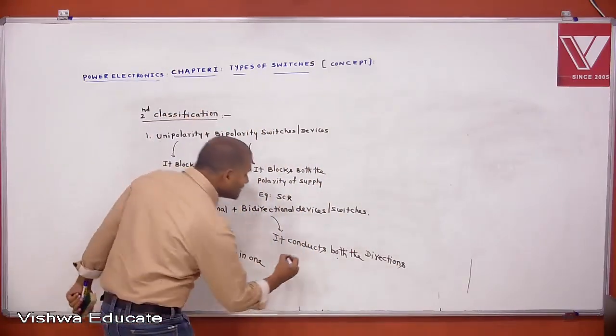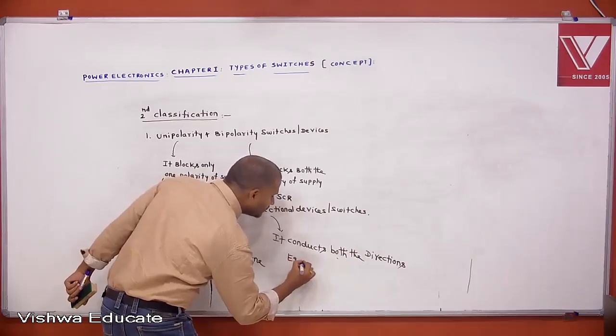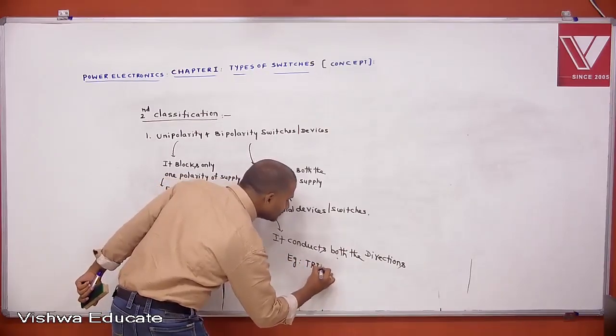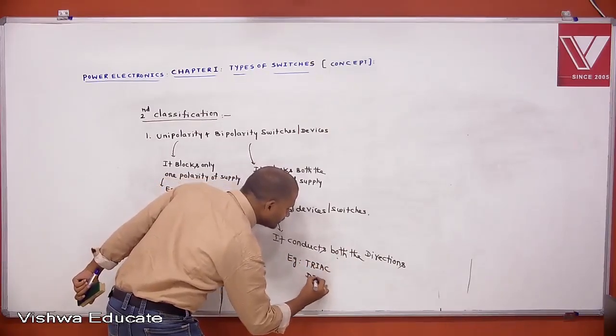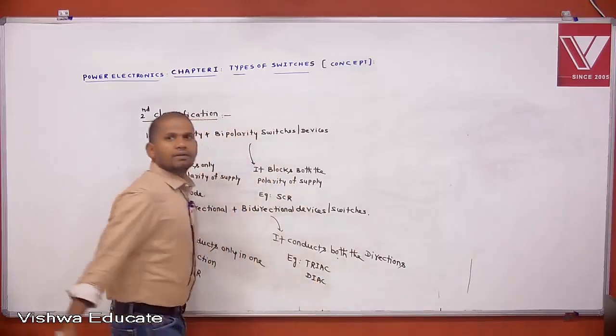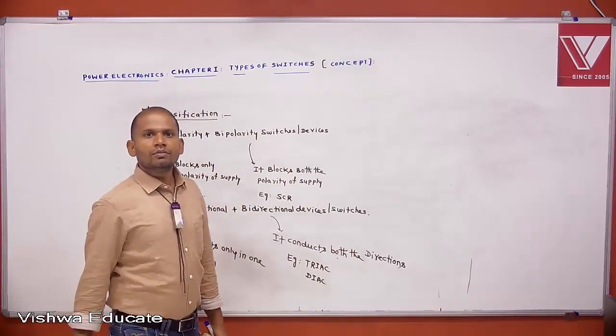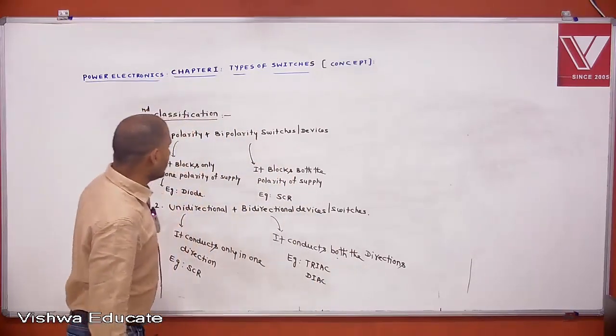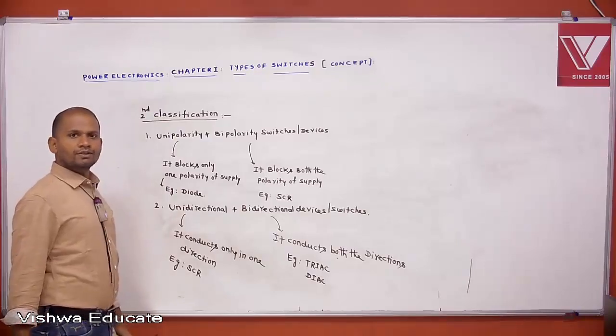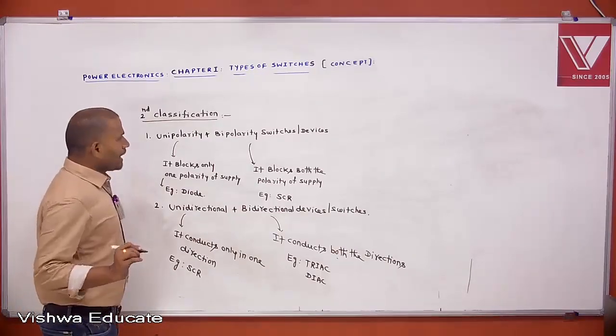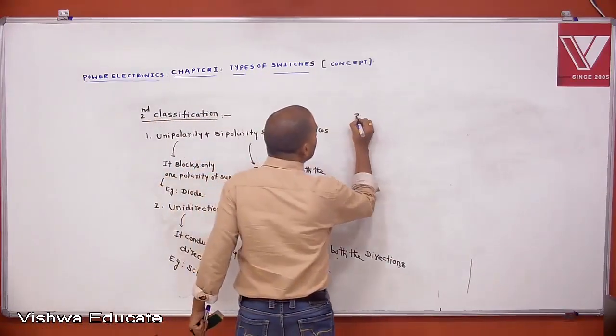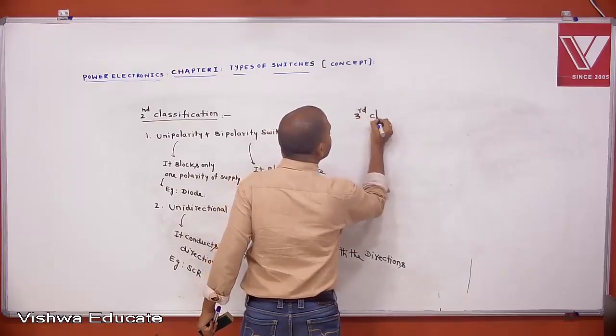Then what are the examples of bidirectional devices? Triac and diac are examples of bidirectional devices. Understood? This is the second classification.